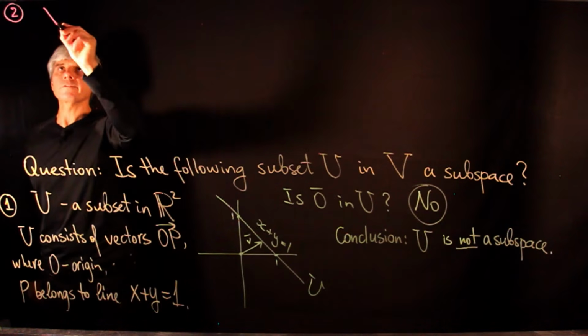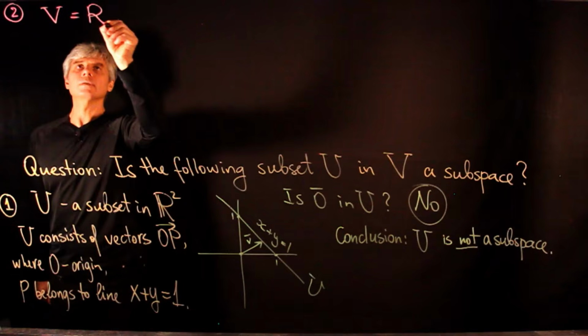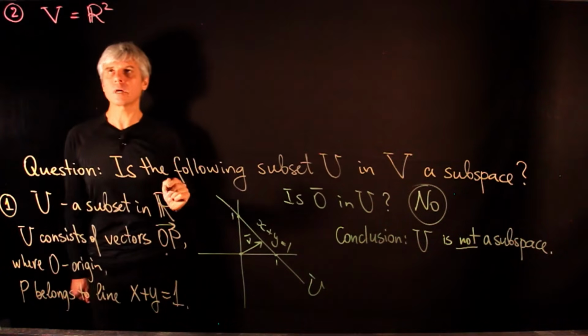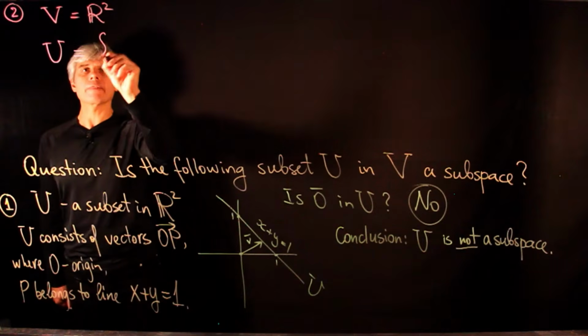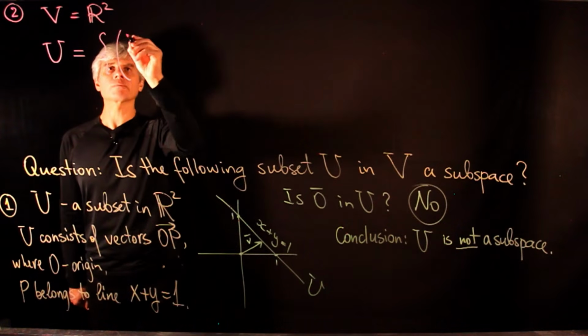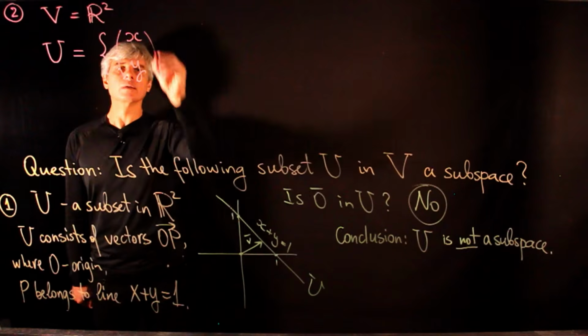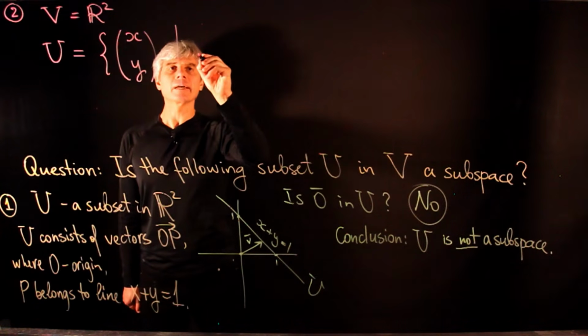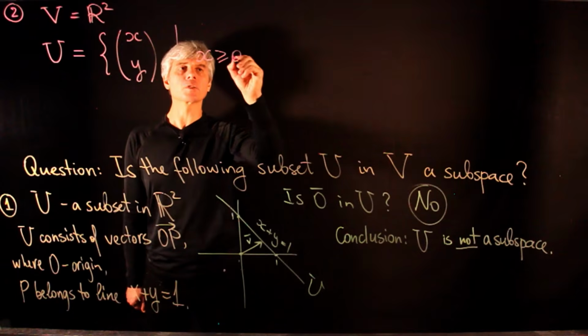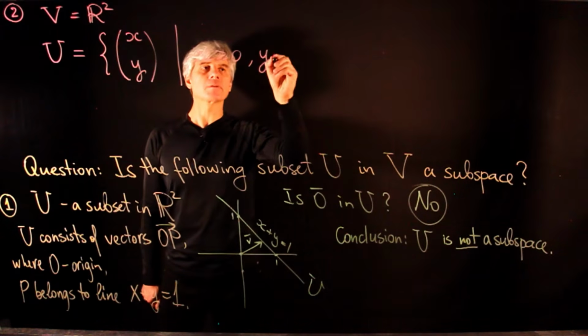So suppose V is again R2, so it's a vector space over R, and U is the set of all vectors (x, y) with the property that x is greater or equal to 0 and y is greater or equal to 0.